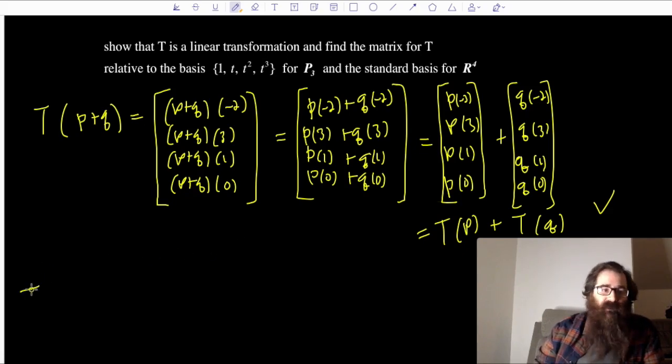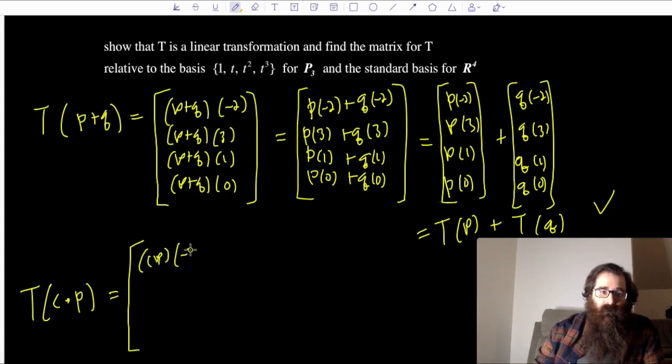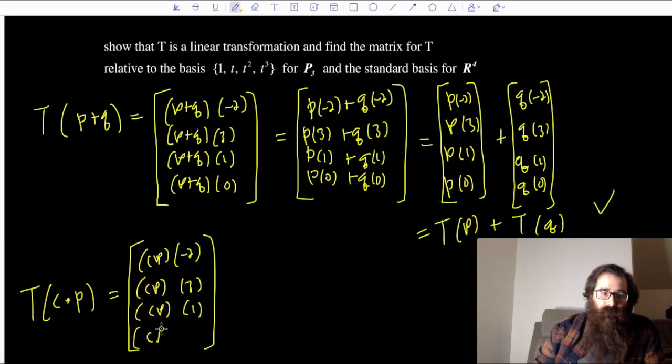What if I have a coefficient, though? So let's say the transformation applied on some scalar c times polynomial p. Well, think of cp as the polynomial. So how am I going to build this vector? It's going to be polynomial cp evaluated at -2, polynomial cp evaluated at 3, polynomial cp evaluated at 1, and polynomial cp evaluated at 0.